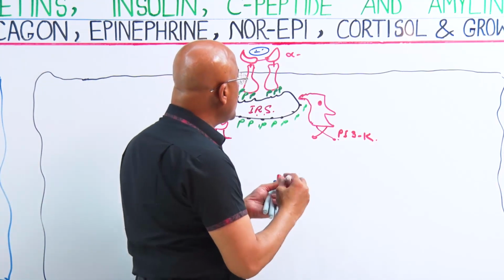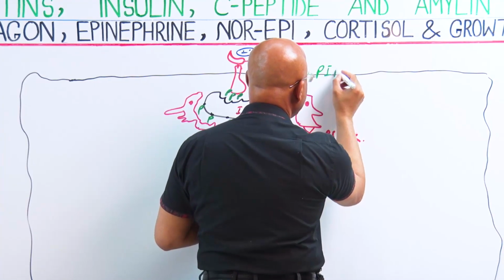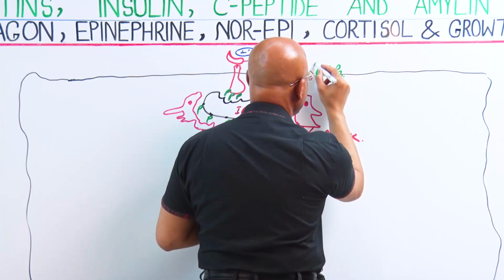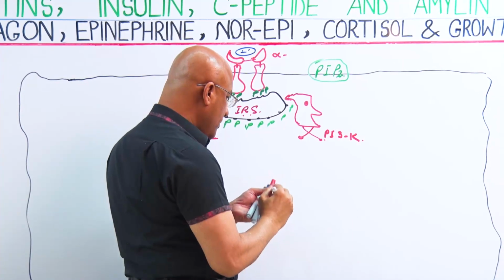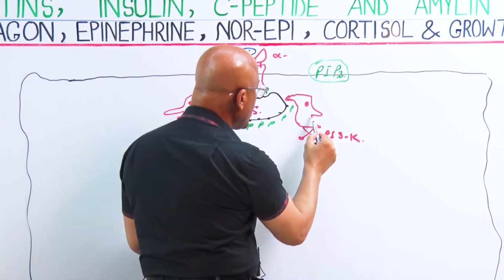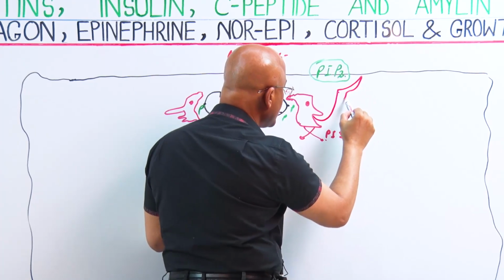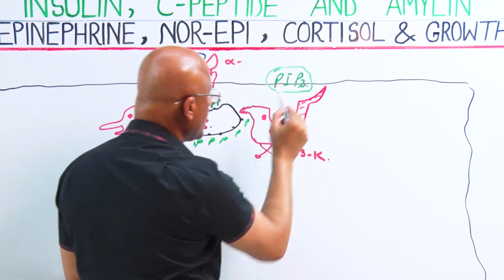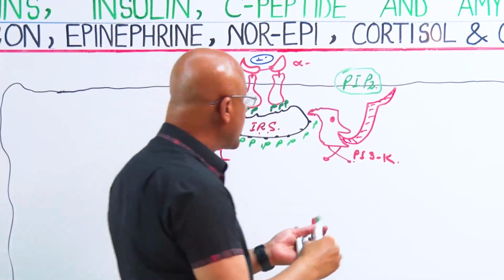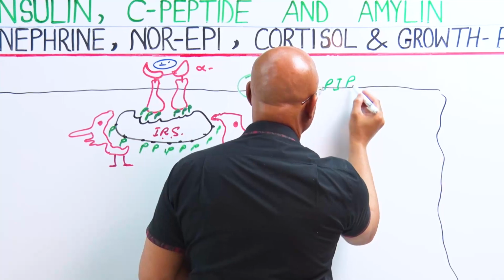Now, normally phosphatidyl inositol diphosphate is already present in the membrane. This enzyme will act over this phosphatidyl inositol diphosphate and convert it into phosphatidyl inositol triphosphate.